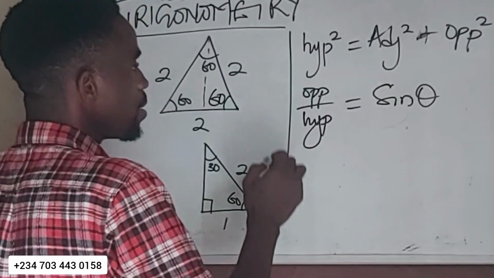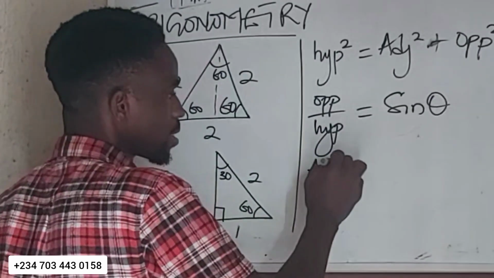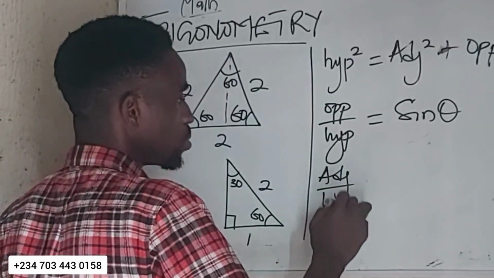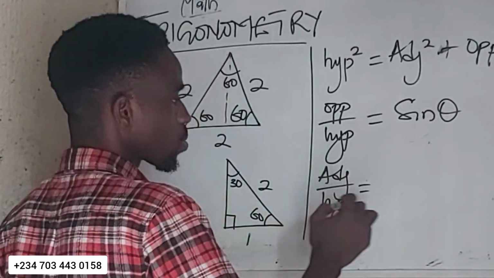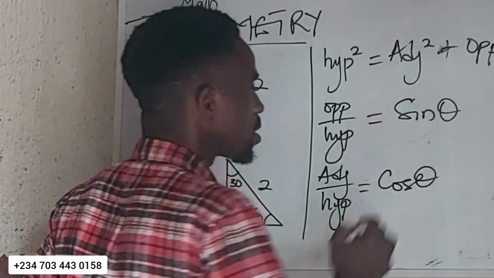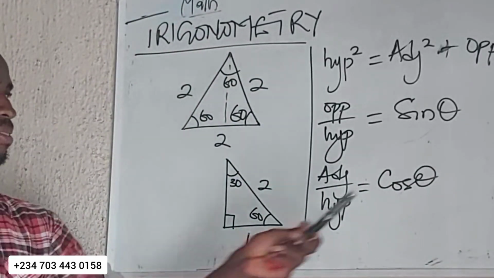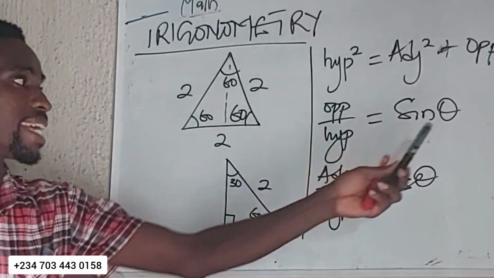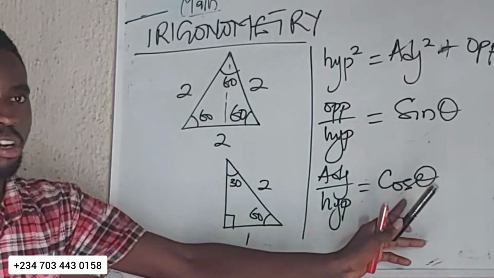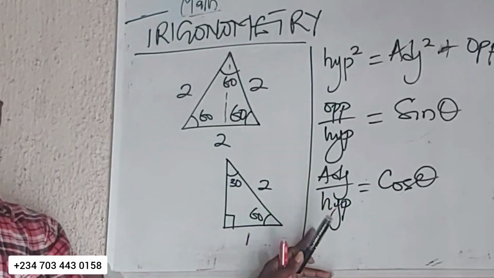The ratio of adjacent to hypotenuse is called cosine, that is cosine theta, right? If theta is the angle we are looking for, it can be x, it can be any letter. So the cosine of that angle is adjacent over hypotenuse.